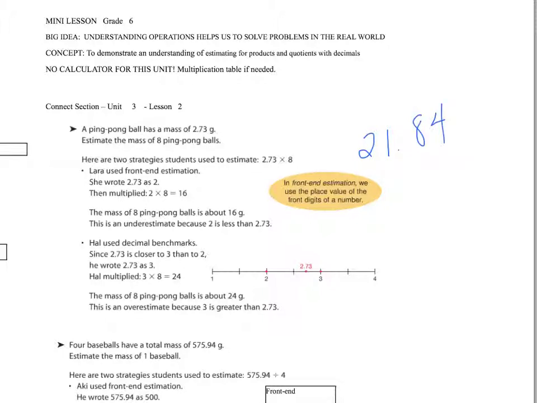So if I were just doing straight multiplication and I needed to use estimation to place my decimal, and this is the number I got in my calculator, what's close to 16? Well, 21 is close to 16, so my decimal could go there. Sometimes we use estimation to help place our decimal as well, not only to check whether or not our answer is close. So that would be an example of front-end estimation with decimal numbers.